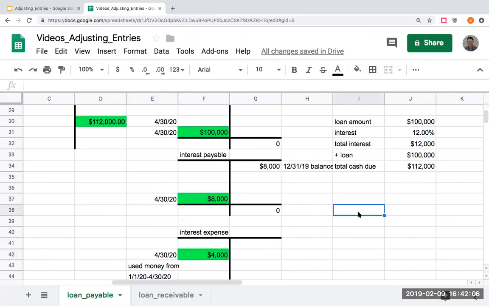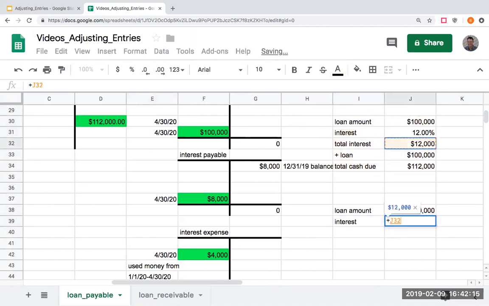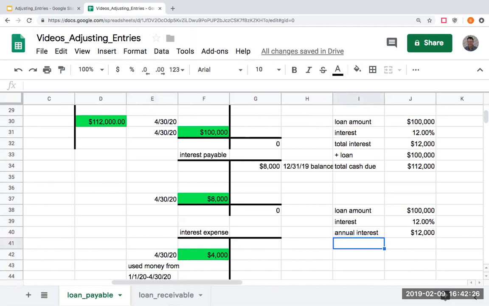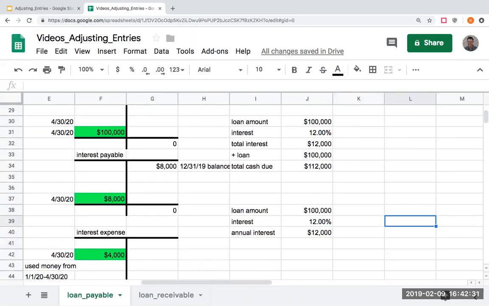And let's just see. So if my loan amount was $100,000 and my interest rate was 12%, my annual interest is going to be 100,000 times 12%, or $12,000. Now, I had the money in 2020 for 4 months, January, February, March, and April.